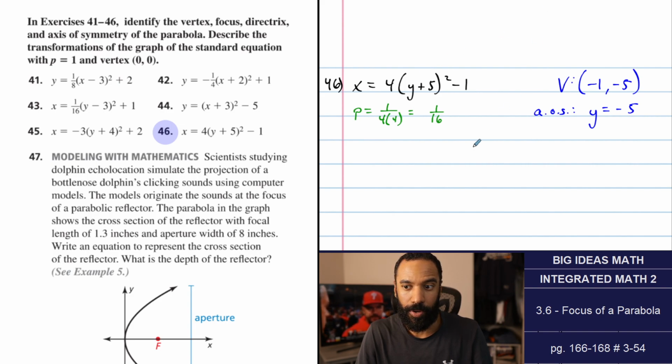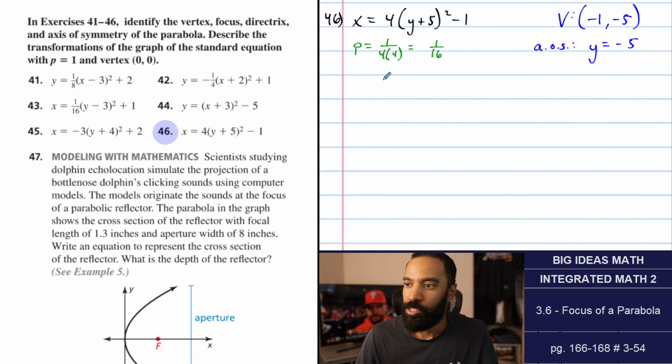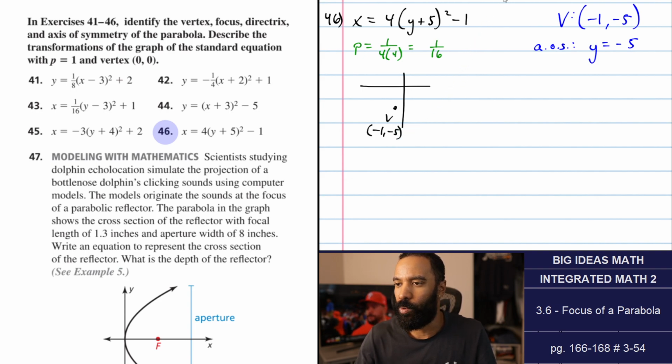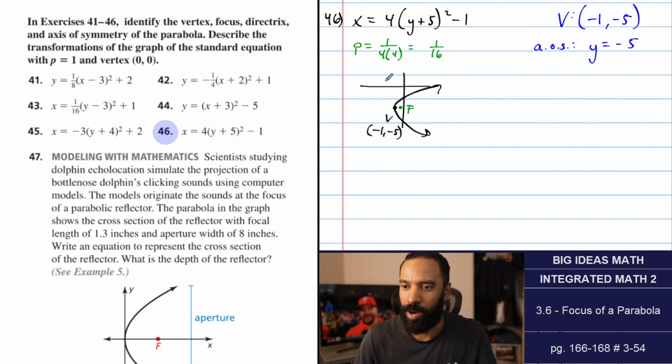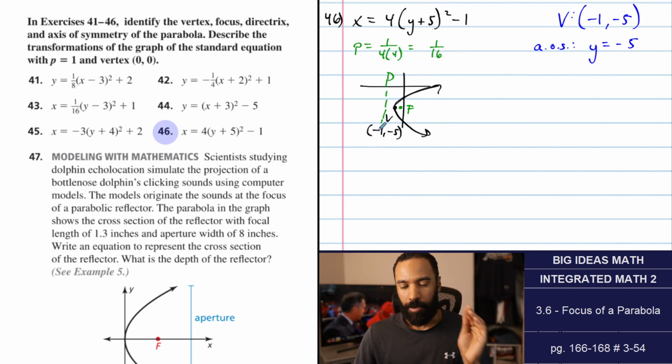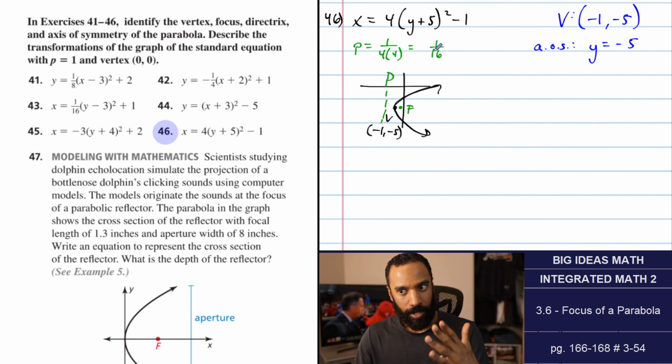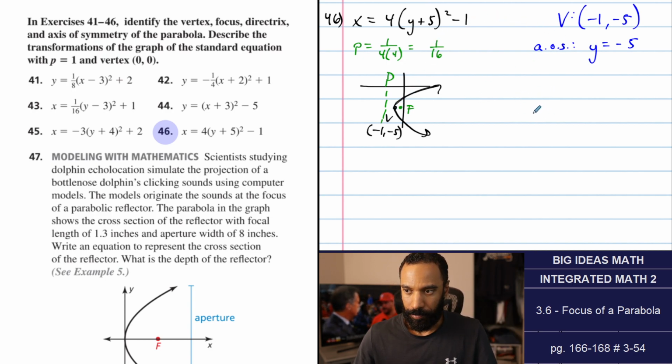It's an x equals y squared equation, but this time this graph goes to the right. So this is at negative 1, negative 5 for your vertex, like that. Vertex, negative 1, negative 5. And we're going to go 1/16 to the right for the focus because this graph goes this way. So focus is over here, and directrix is over there. From negative 1, we add 1/16, right?